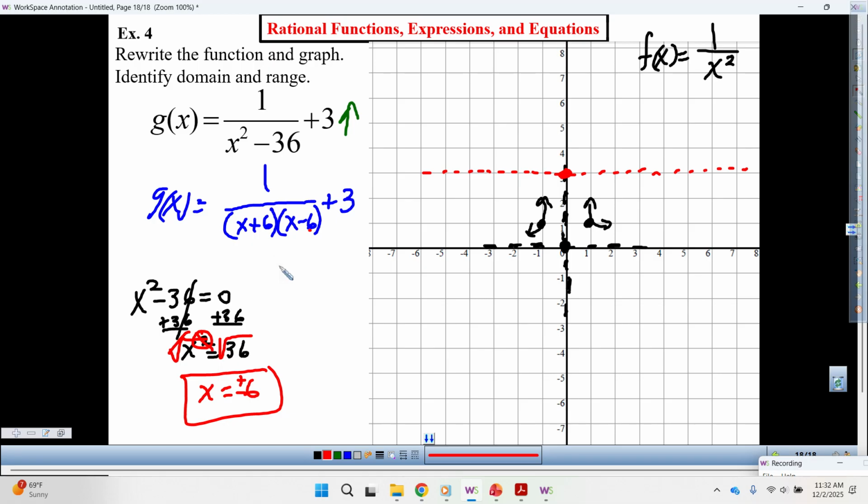Now we have 2. Watch. X plus 6 equals 0, minus 6 minus 6. We're moving it to negative 6. Plot a point at negative 6. The other one, x minus 6 equals 0, plus 6 plus 6. The other one is positive 6.